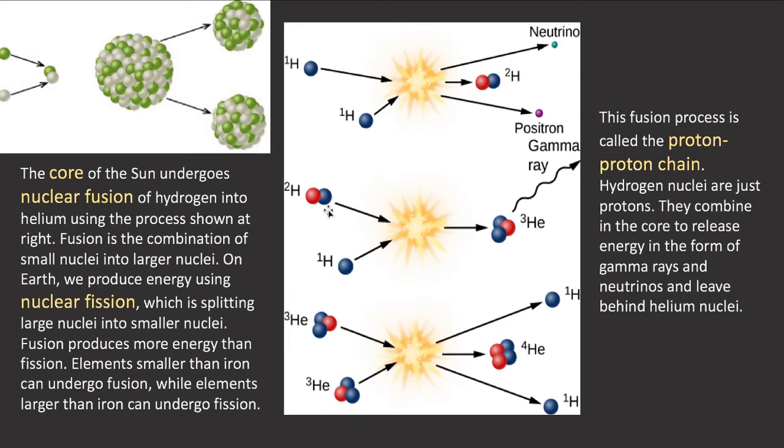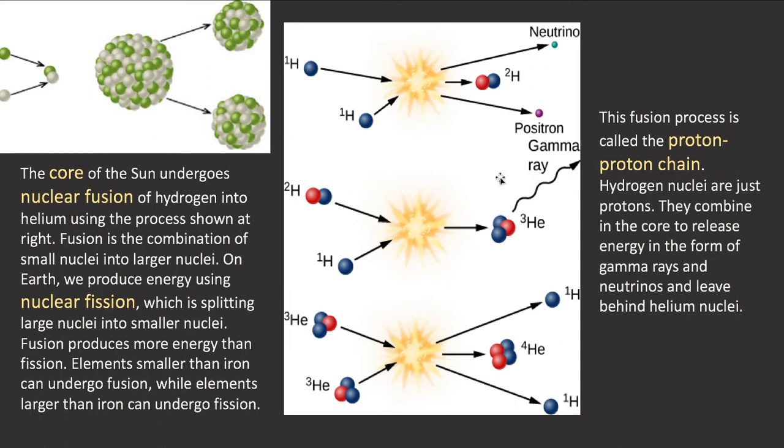Then these deuterium will collide with other hydrogens, creating helium-3, and then helium-3s will collide together, creating a stable helium nucleus, helium-4, which is 2 protons, 2 neutrons. Two of the hydrogen protons will be released as well. In this stage of the reaction, a gamma ray gets released, and that gamma ray is the bulk of the light energy that gets produced.